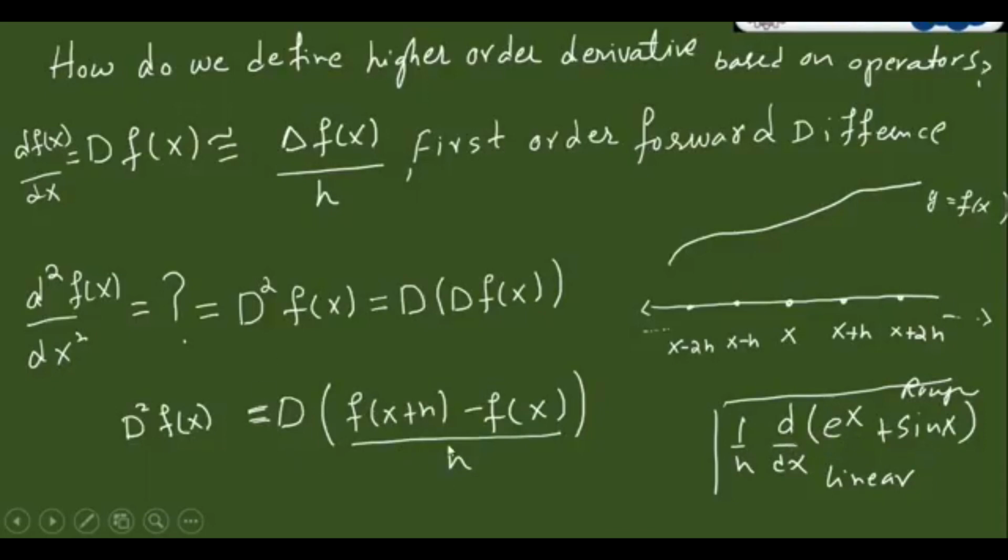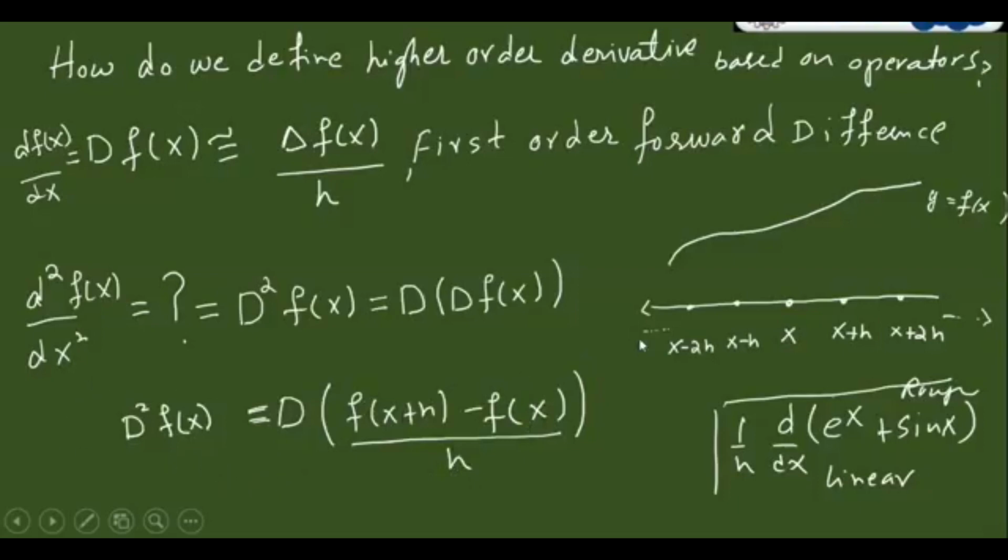We have to do the same thing here. There are two different points at which we want to compute the change: f of x plus h and f of x. So I will apply the d operator on this function and on this function, compute the change individually, and 1 over h will be taken out.